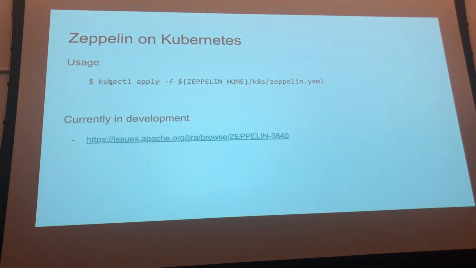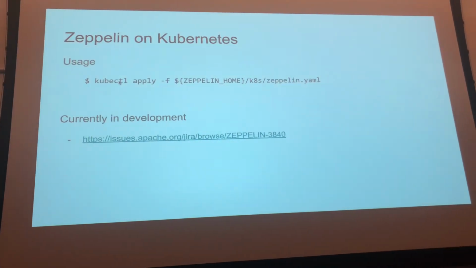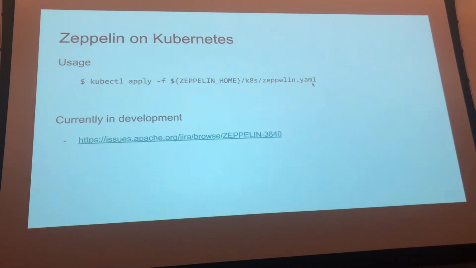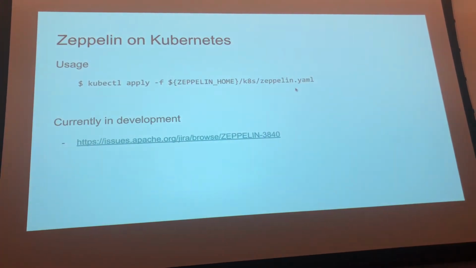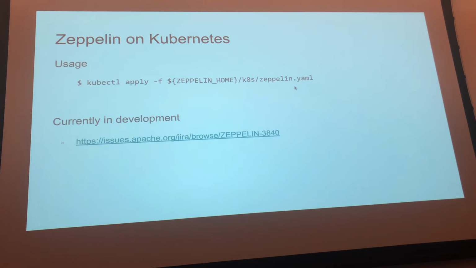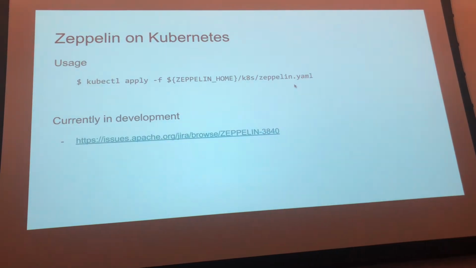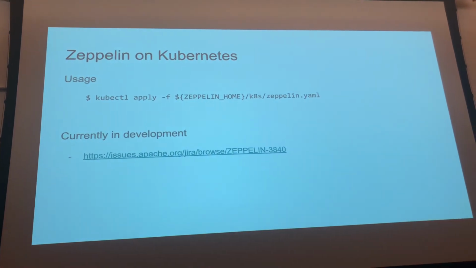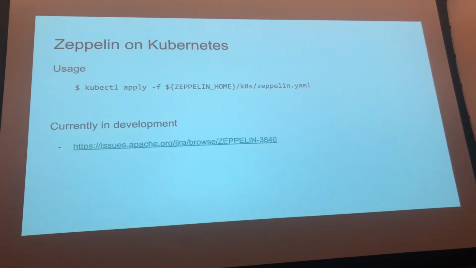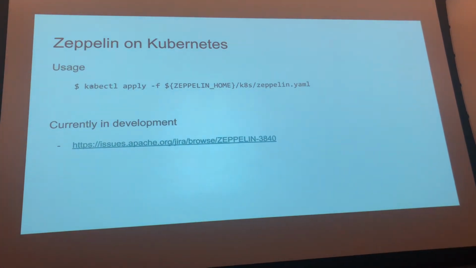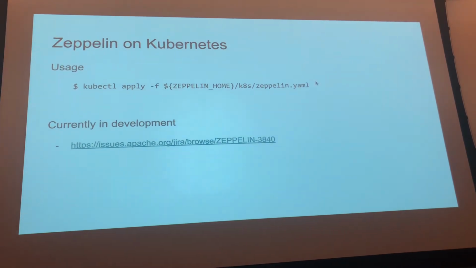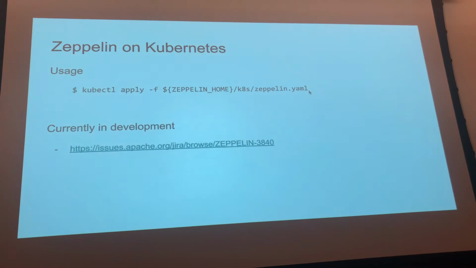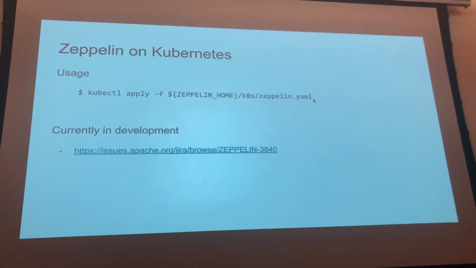So just kubectl apply the spec file, and that's the only thing you need to do, unless you want some customization, like mounting an additional volume in your container or modifying something. Unless you want to do that, a single command will enable Zeppelin on Kubernetes. That's the goal of what will be there.